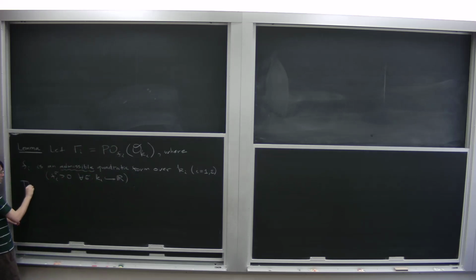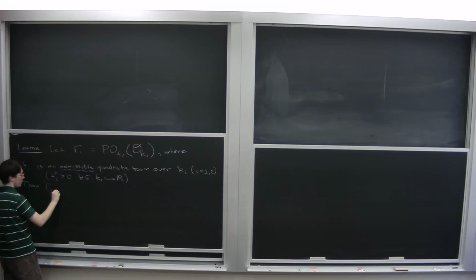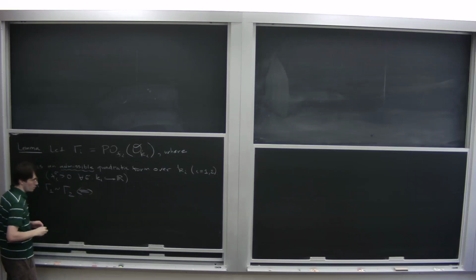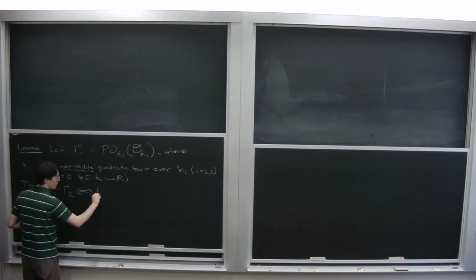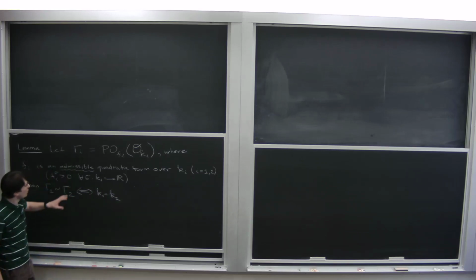So then I can say the following. Gamma 1 is commensurable with gamma 2 if and only if K1 is equal to K2.